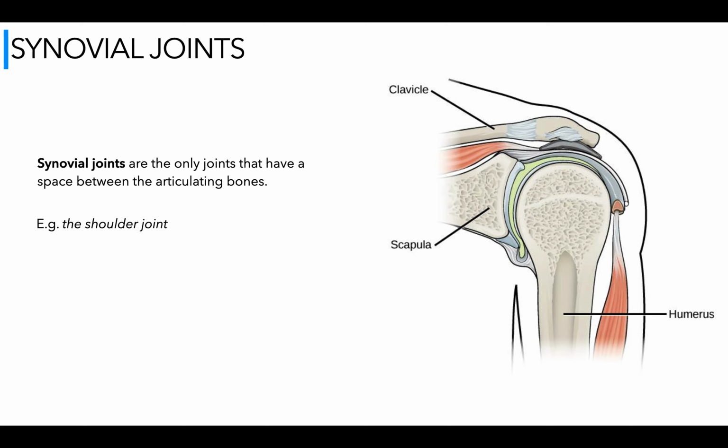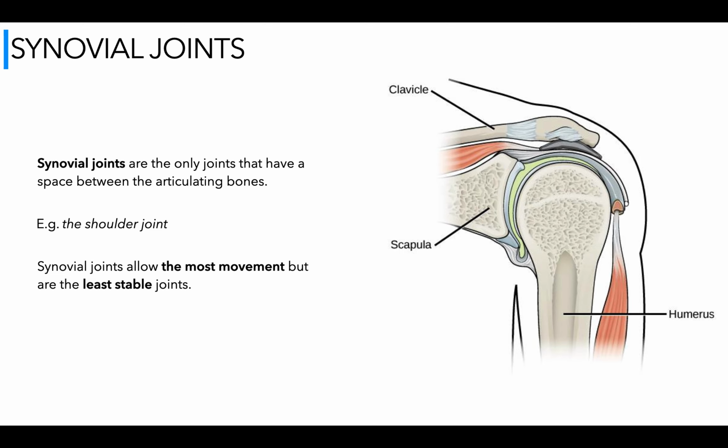These joints allow the most movement, but they are the least stable joints. So that increase in movement decreases our stability, hence the additional features that we will go on to mention.